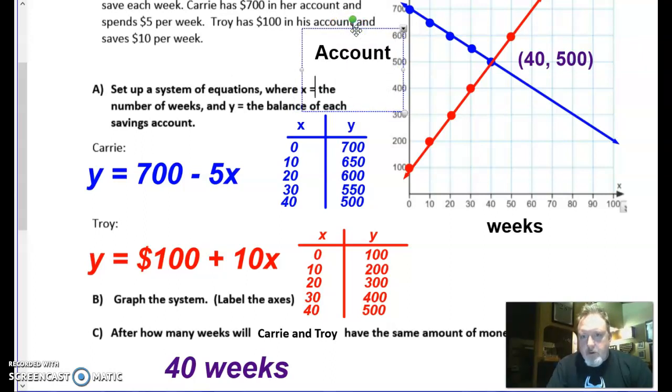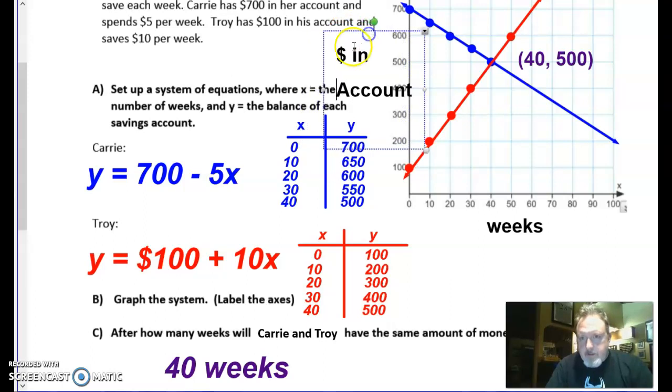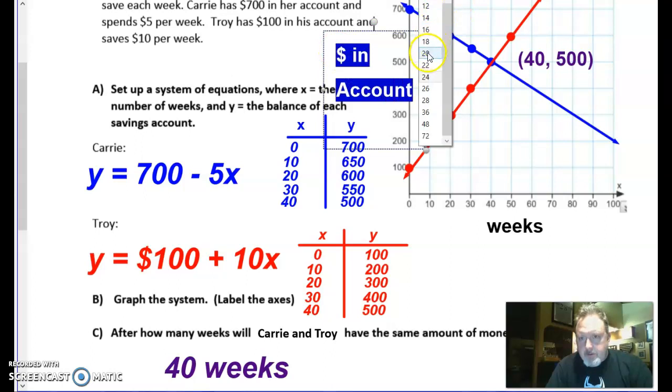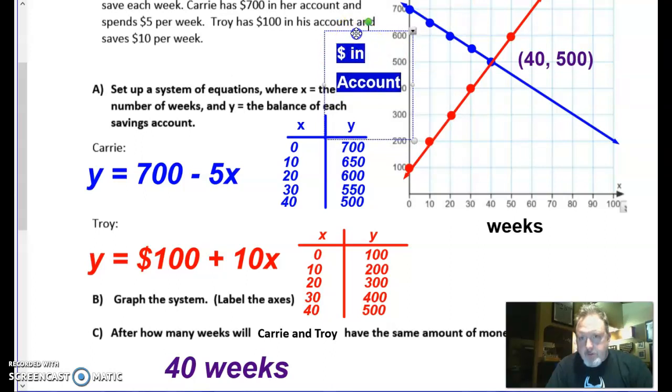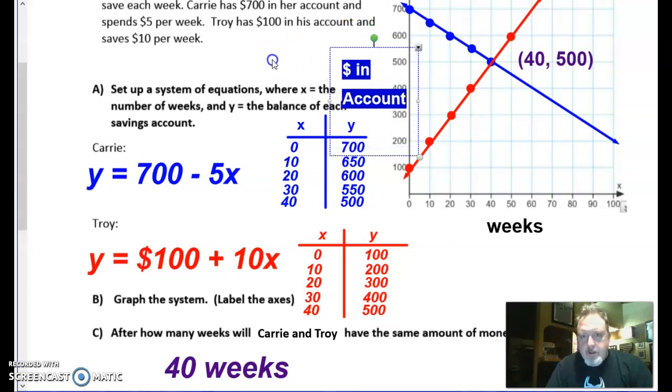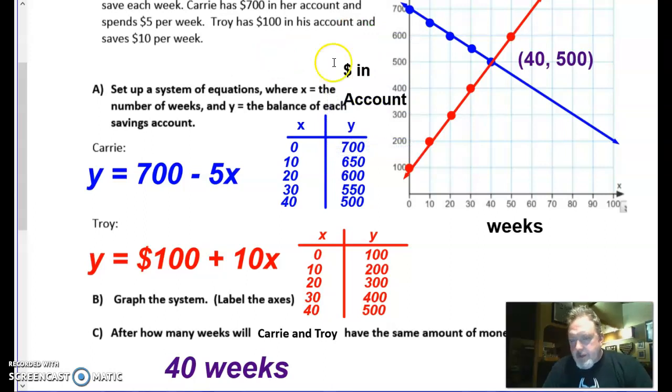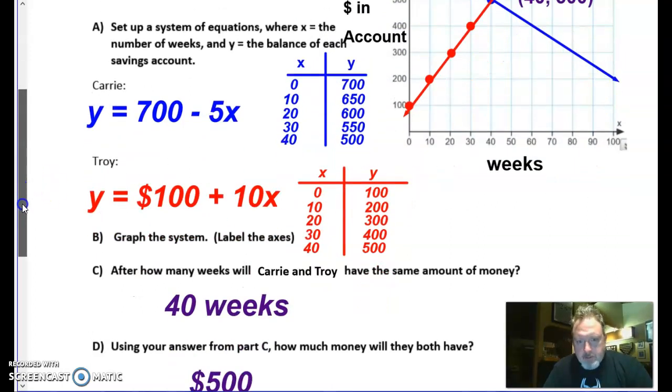Or if we want, we can say that's the money in our account. I'm just going to make that a tad smaller so it'll fit in there. There we go. Now we got our axes labeled, we've got our intersection point, and we can answer those questions.